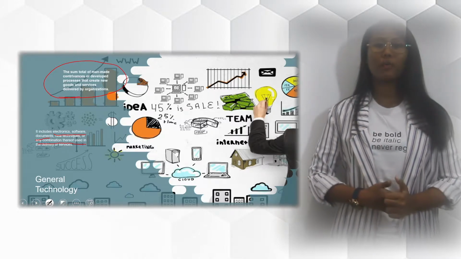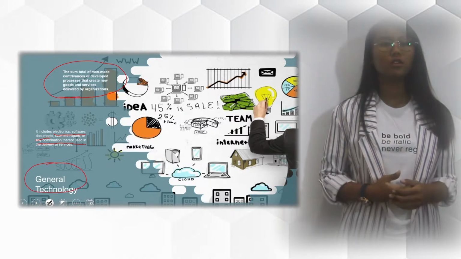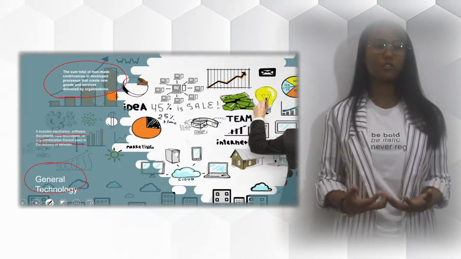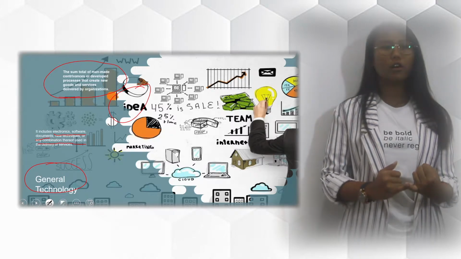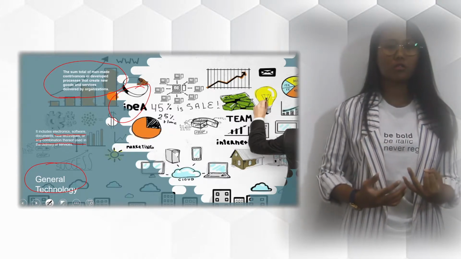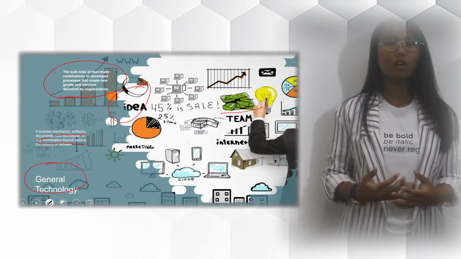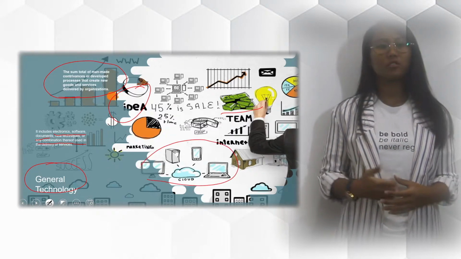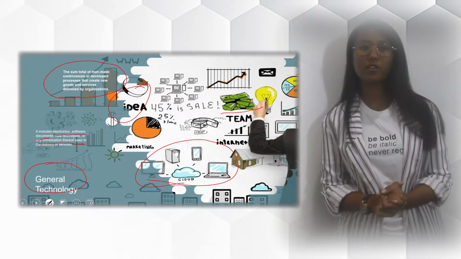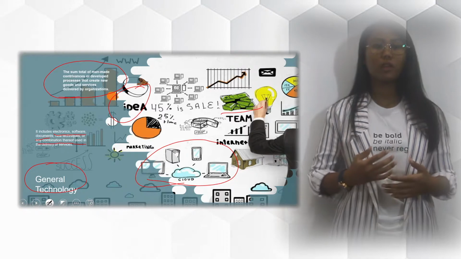So it is more basic, more general. Technology in organization is general technology, like the idea of how you manage the people inside the organization, how you manage the money, how you communicate with each other, how you process everything in your organization. It is all called technology.